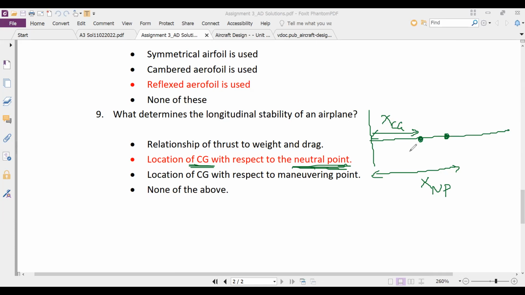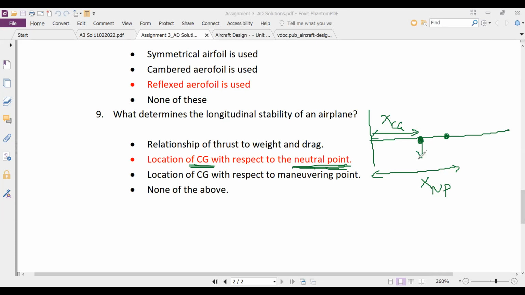If the center of gravity is behind the neutral point, that means the entire weight is at the back of the aircraft, sir, which will lead it to stall upwards. Okay, you are not wrong. You are absolutely correct in whatever you said. But my question is deeper than that. You are stating facts, but I want to understand where those facts are coming from.